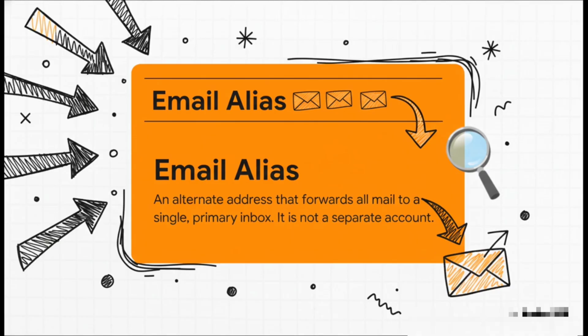An alias is just a variation of your current address that forwards all the mail to your one single primary inbox. So, for example, if your email is myemail@gmail.com, you can add a plus sign and any word after it, like myemail+facebook@gmail.com, and it will still show up in your main inbox. It's basically a redirect, not a new destination.